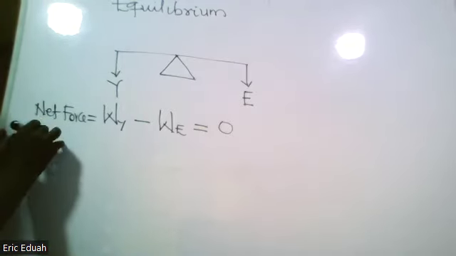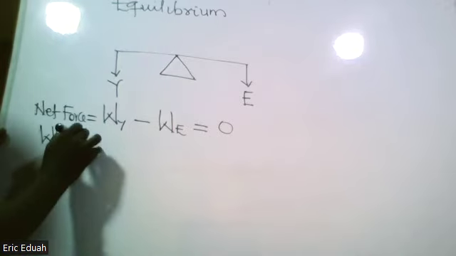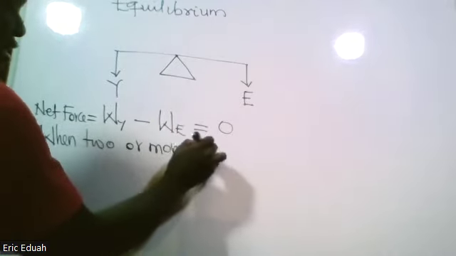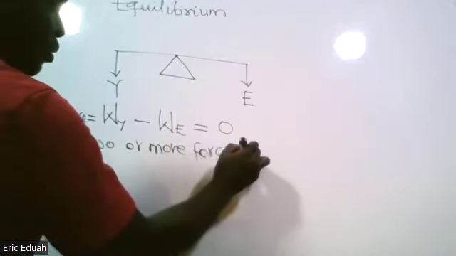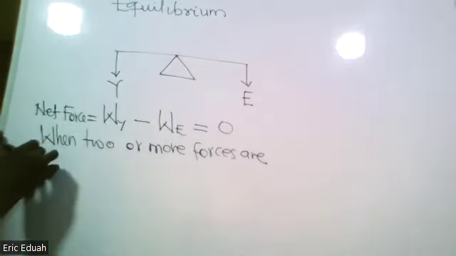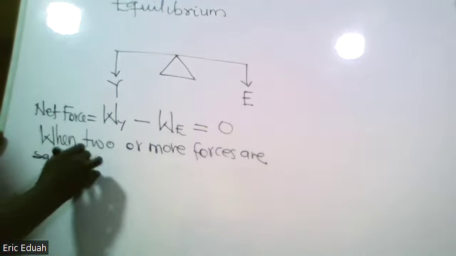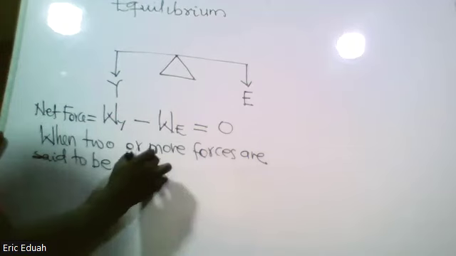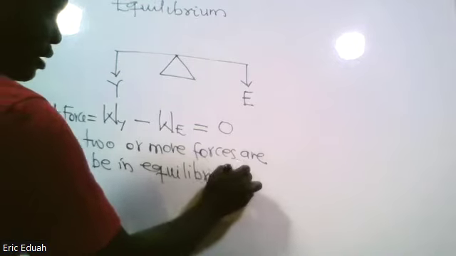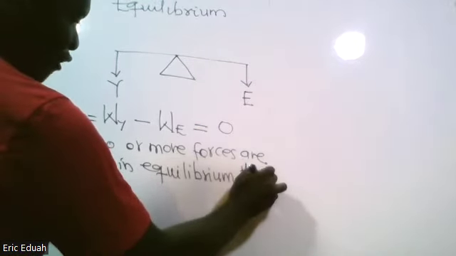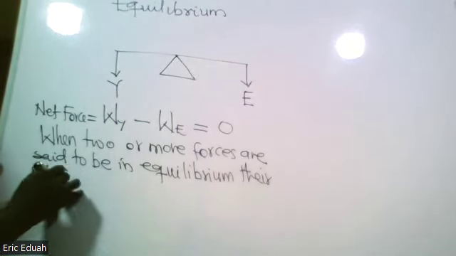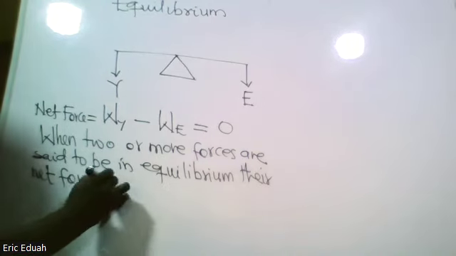So when two or more forces or vectors are said to be in equilibrium, their net force is equal to 0.